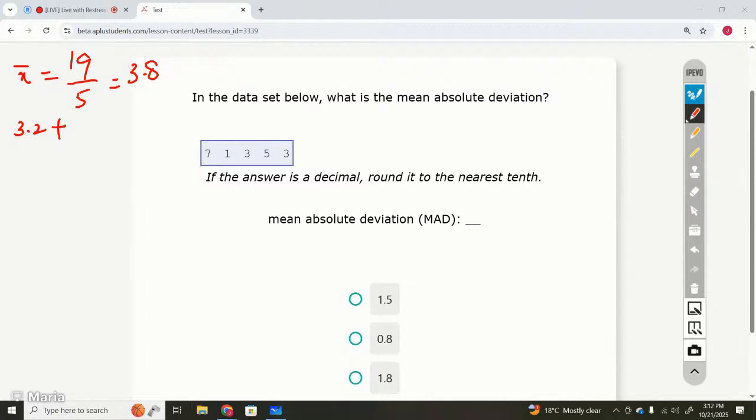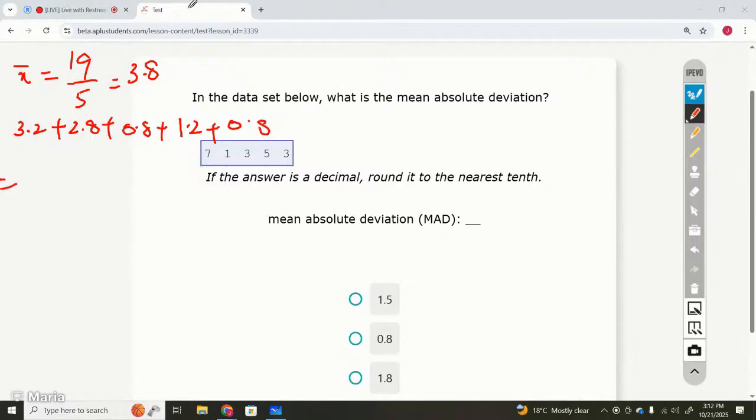I am calculating absolute values as well. 1 minus 3.8 is 2.8. 3 minus 3.8 is 0.8. 5 minus 3.8 is 1.2. 3 minus 3.8 is 0.8.